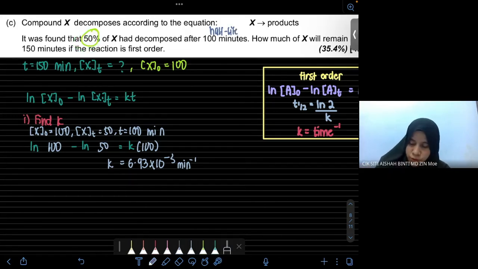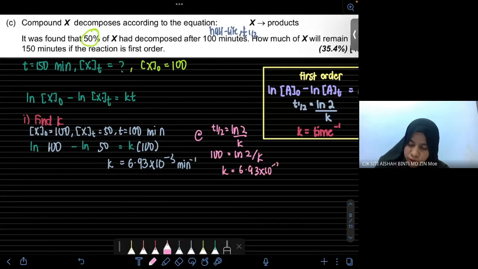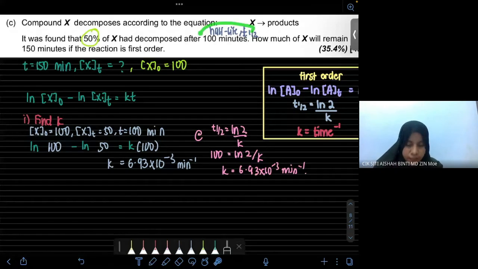So t half equals ln 2 over k. Here it is 100, and here ln 2 divided by k. We will also get k as 6.93 × 10^-3 per minute. So it's either way. If you don't see that this is half-life, you can use the other formula. You will still get the same answer.